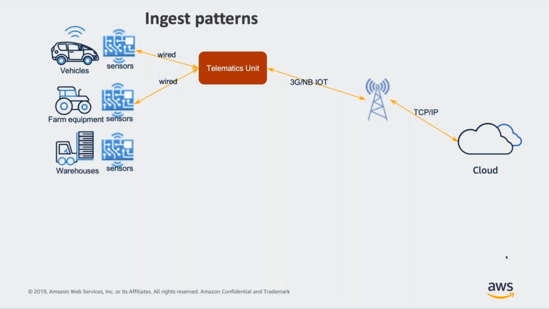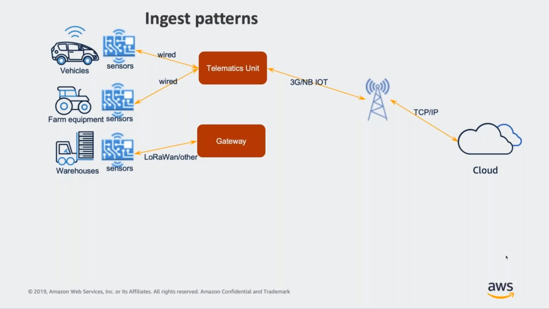Let's talk about the ingest pattern in warehouses. Warehouses are huge facilities with lots of sensors deployed all over. These sensors could be stationary, or they could be deployed on moving objects like forklifts and robots that are increasingly part of warehouses these days. These sensors use some sort of local WAN technology to send data wirelessly to a gateway.